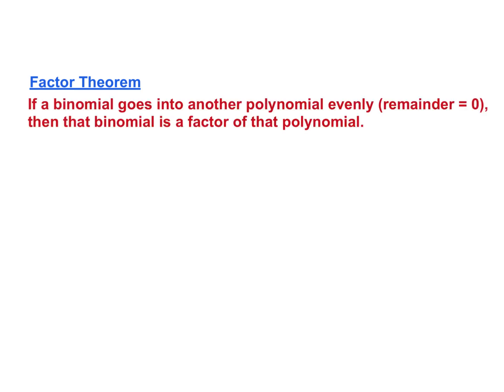If a binomial, now we're going back to binomials, goes into another polynomial evenly, meaning the remainder is 0, we've talked about this before, then that binomial is a factor of the polynomial. Okay? So anytime you did synthetic or long division and the remainder ended up being 0, meaning that binomial went into the larger polynomial evenly, that means that binomial was a factor.